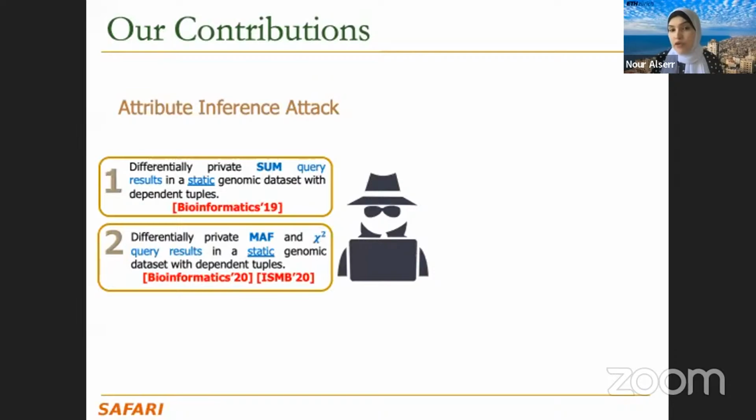One good example of a dynamic dataset is clinical or hospital data, where patients can join and leave anytime. But here we are talking about one-time updated data, which is a static dataset, and we use the results from some query, MAF, and chi-square to infer the genomic data of one target or one victim.